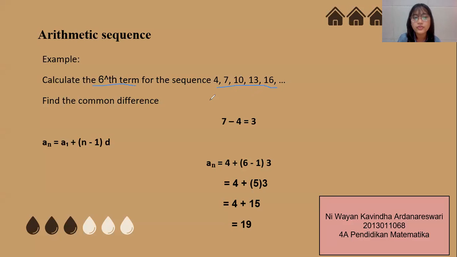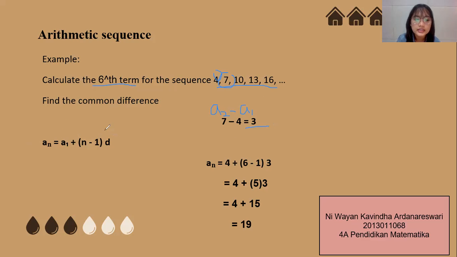As I said before, for the common difference, we use a sub 2 minus a sub 1. From the sequence, we got a sub 2 is 7, and a sub 1 is 4. So 7 minus 4 is 3. So the common difference from the sequence is 3.